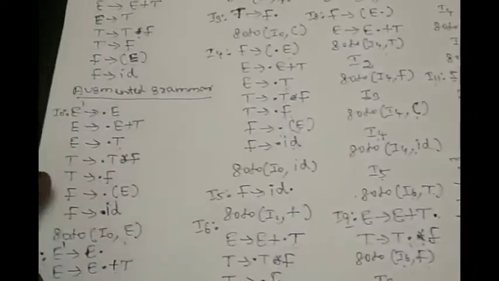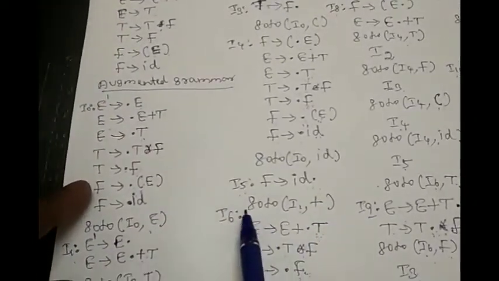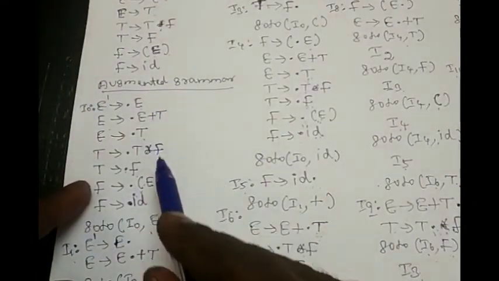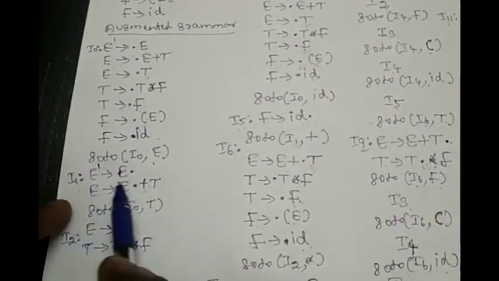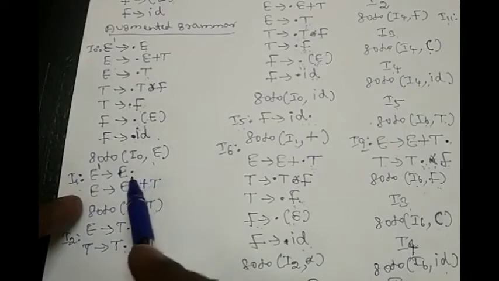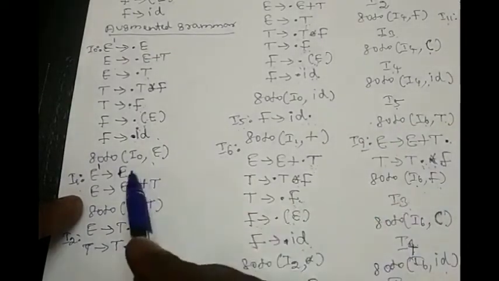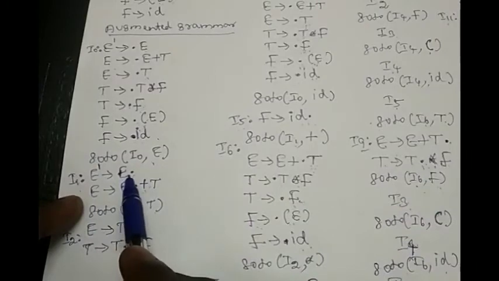So now we will go to this one. In item set 0 we cannot see a dot at the end, nothing. But in item set 1 you can see that the dot is at the end of a production. So for this production, you have E dash production, E dash tends to E dot.